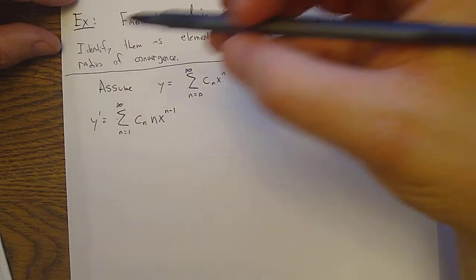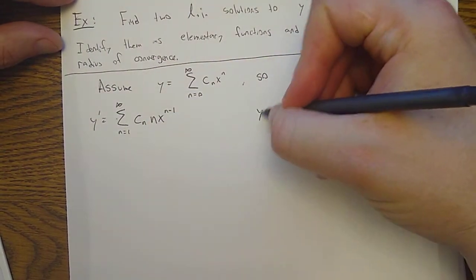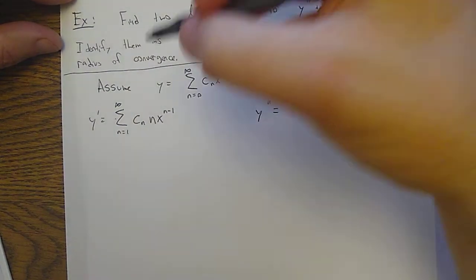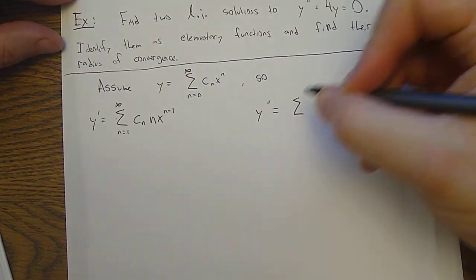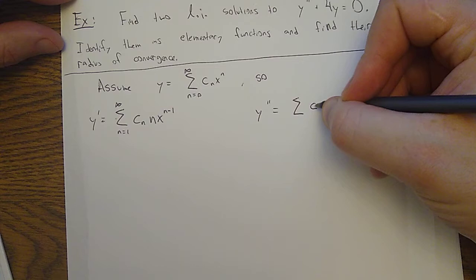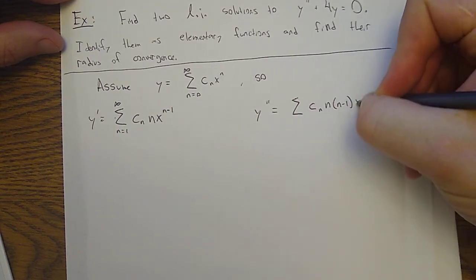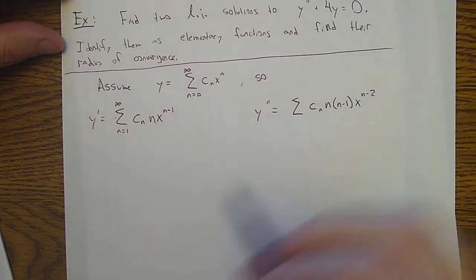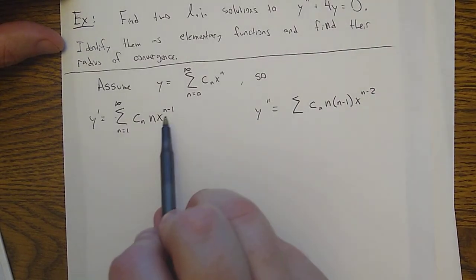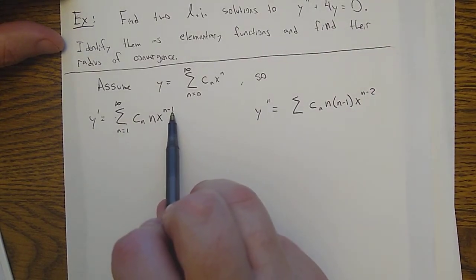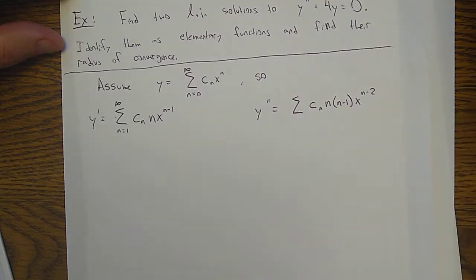So actually for this one, when I'm about to do y double prime, let me write the thing inside first: n times n minus 1 x to the n minus 2, right, because I'm just taking a derivative. I bring the n minus 1 down and I reduce the power by 1.